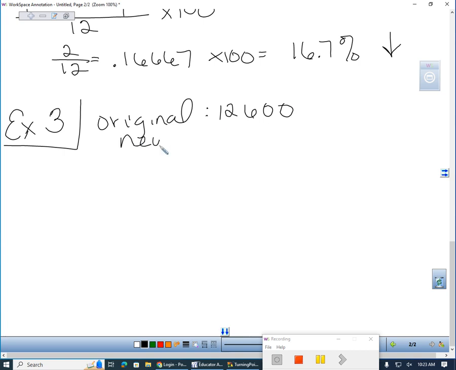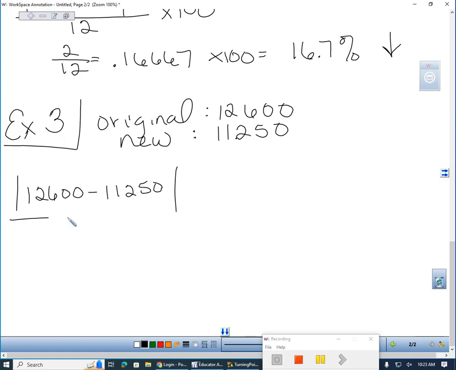The new is 11,250. Bigger numbers, right? So you have the absolute value of the original minus the new divided by what? Which is 12,600. And I'm going to times by 100.